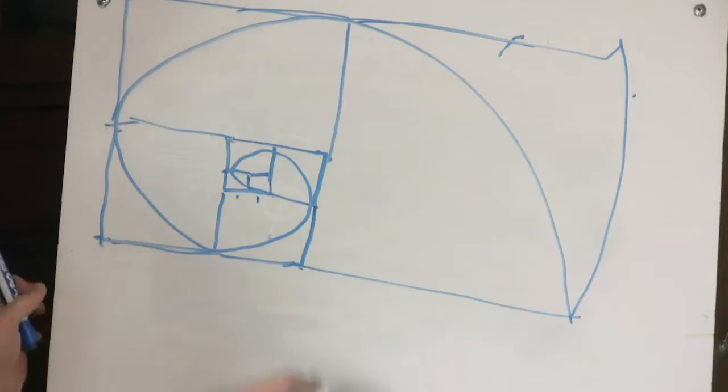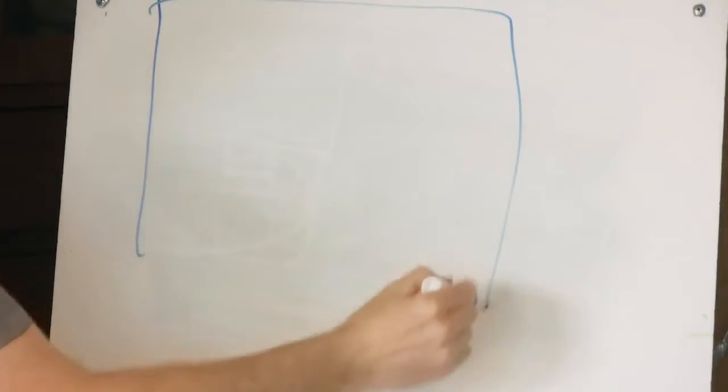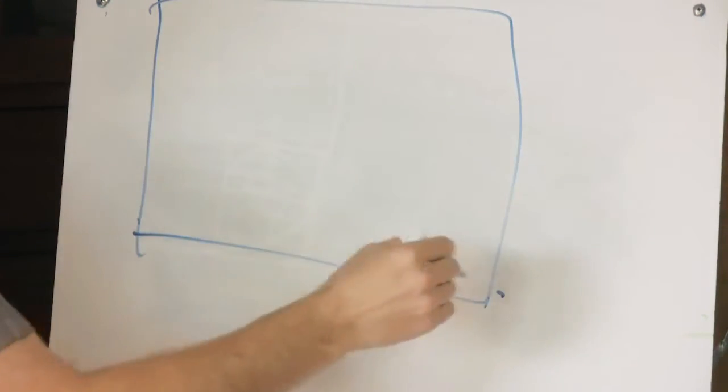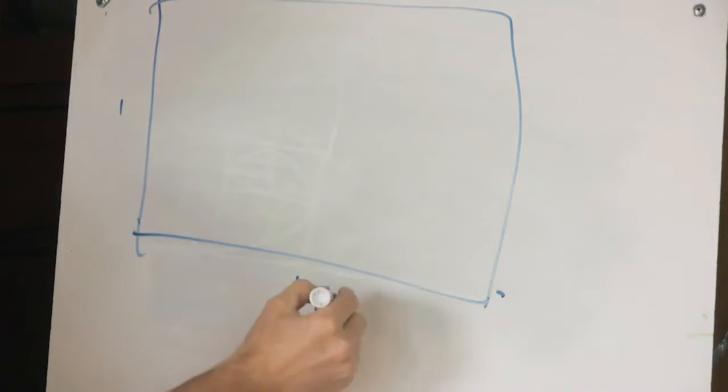So you can find that if you divide your image up into the golden mean ratios, there is a golden mean size where this is 1 and that's 1.618.